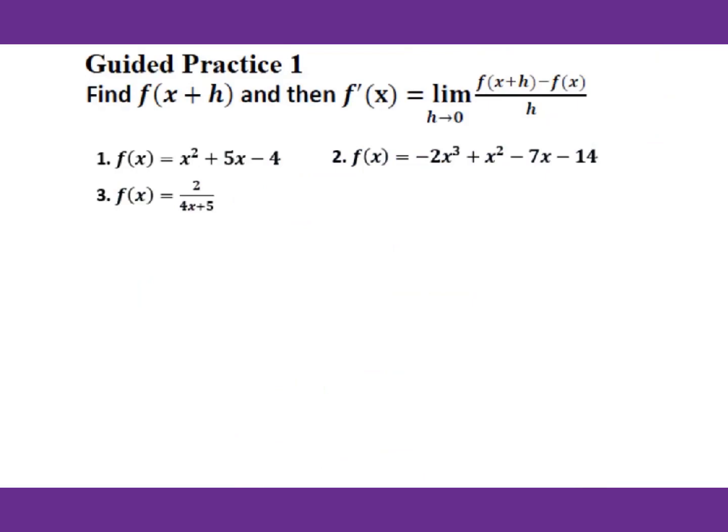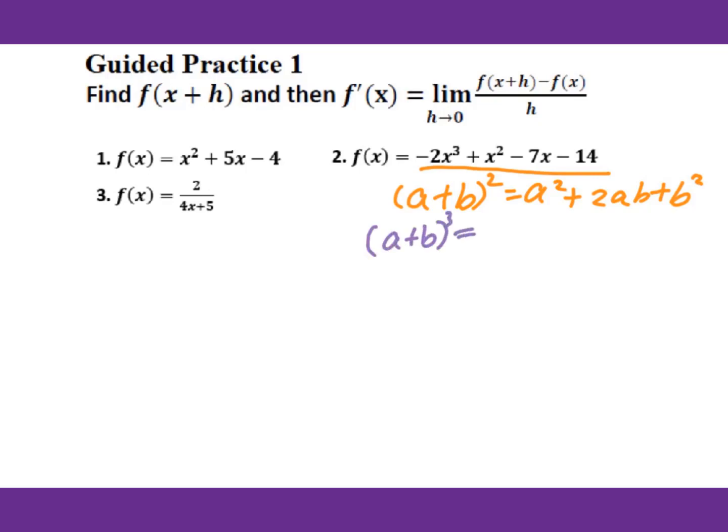Now let's go to number 2. This is a cubic function. We already know (a + b) squared equals a squared + 2ab + b squared. For (a + b) to the third power, we get a to the third power + 3a squared b + 3ab squared + b to the third power.